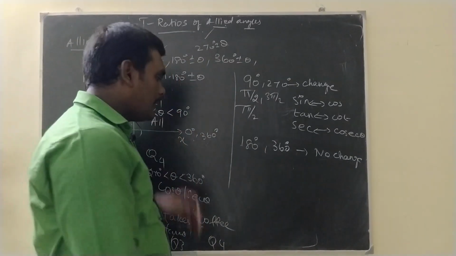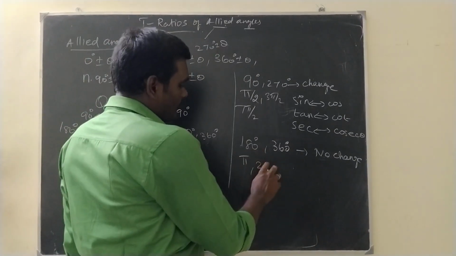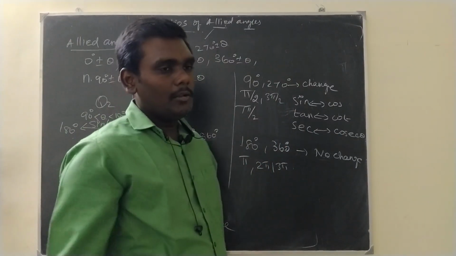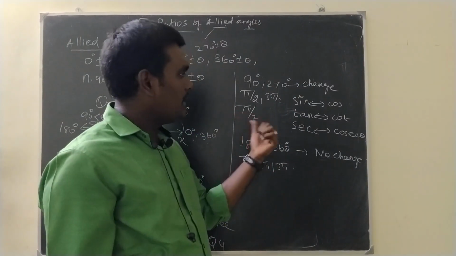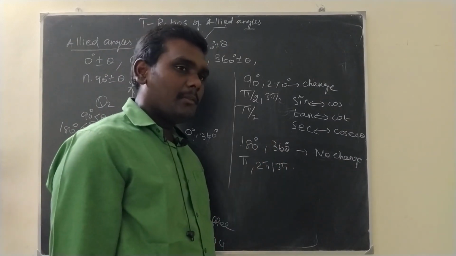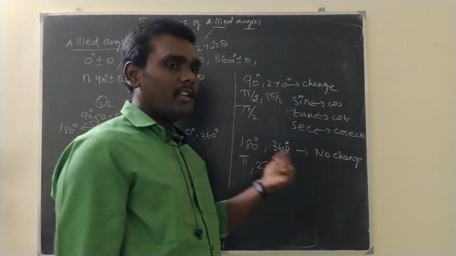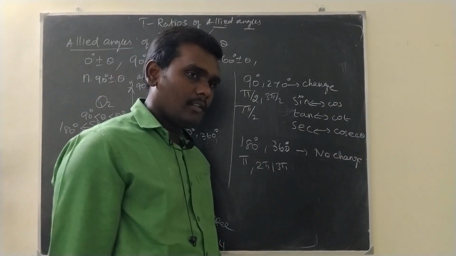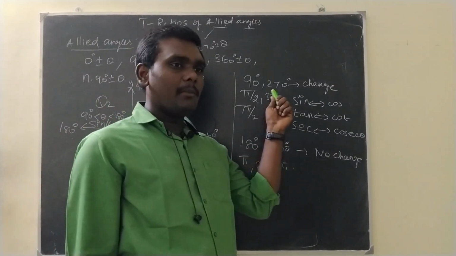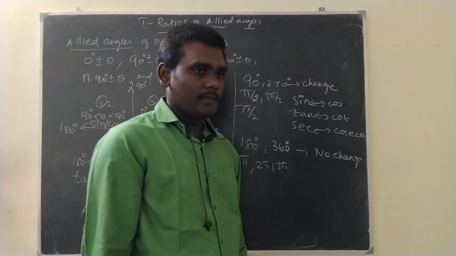Likewise, if you see pi, 2 pi, 3 pi, whatever, there is no change. So pi by 2 means change, pi means no change in radian measure. In degree measure, 90 degree, 270 degree change. 180 degree, 360 degree, there is no change. In short, multiple of 90 means change. Multiple of 180 means no change.